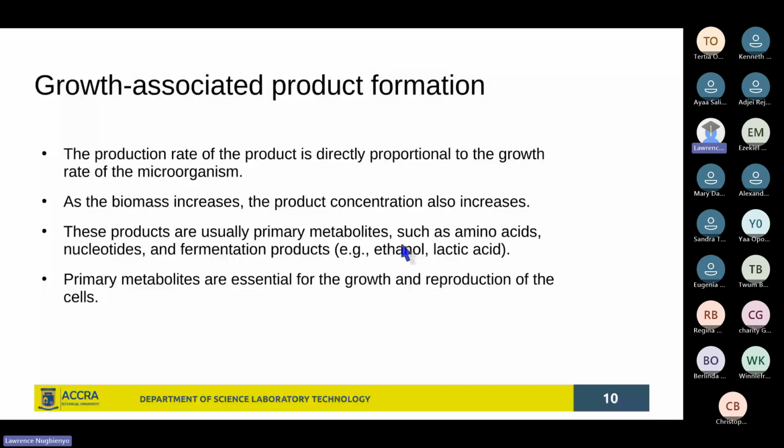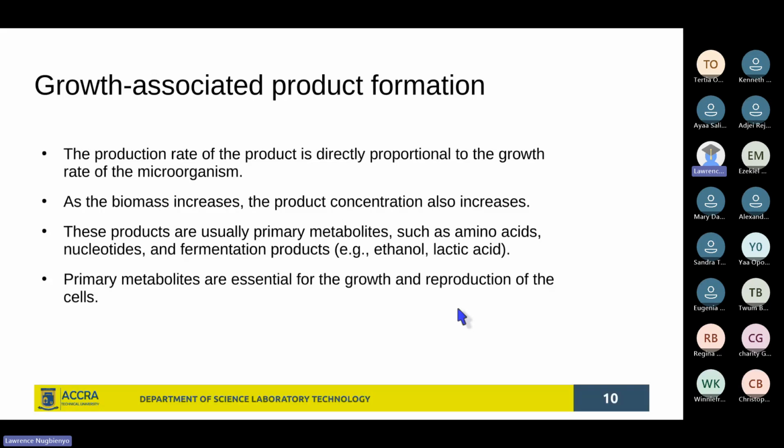Now, because these primary metabolites are, you have the growth of the microbes and also the reproduction of the cells directly proportional to the concentration of these primary metabolites that are being produced as the product of interest to us.